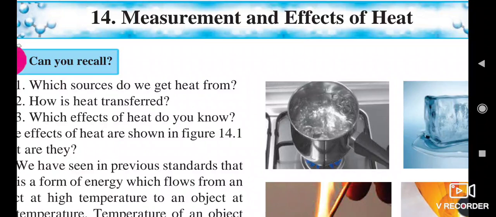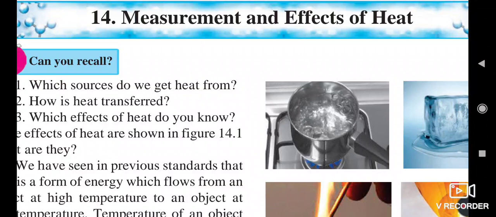Okay, so in this lesson, we learn the concept, definition, and some information about heat and its characteristics.